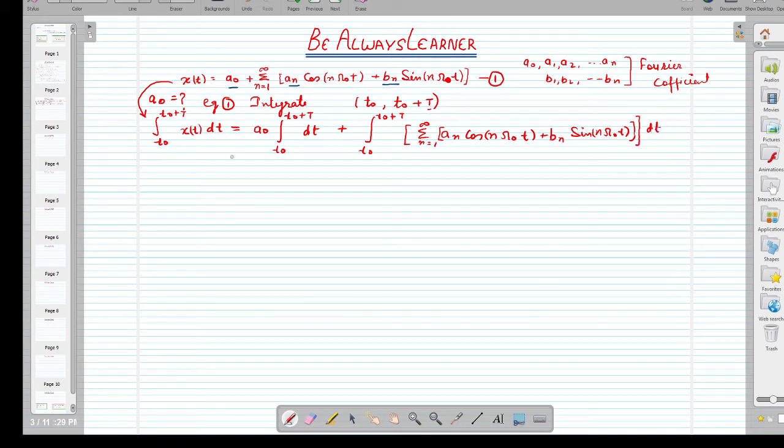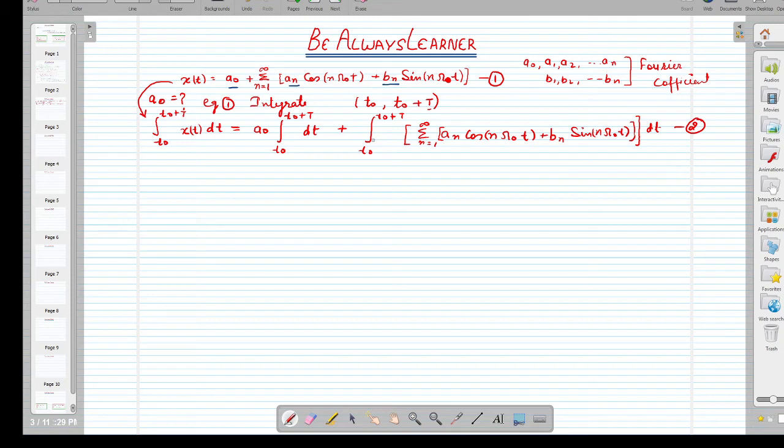Fine. So now each of the integral in the equation number 2 is 0, since the net area of the sinusoidal over the period is 0.